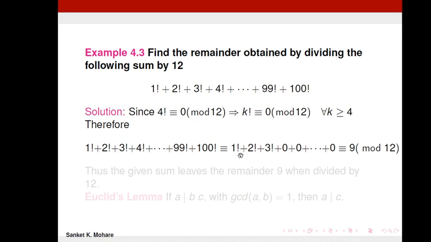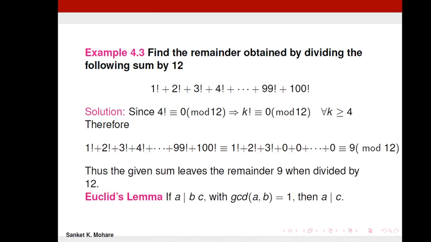So this sum is 6 plus 2 plus 1, which is equal to 9. So this sum is congruent to 9 modulo 12. Thus the given sum leaves the remainder 9 when divided by 12.